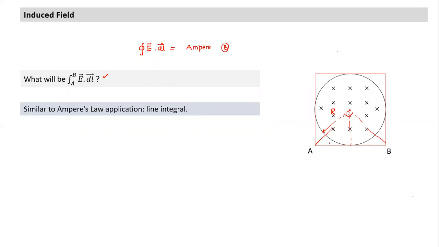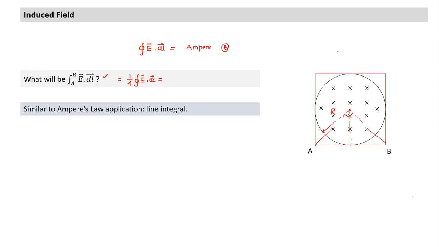If AB is one side of the square, E dot dl for AB will be equal to 1/4 of E dot dl for the entire loop. That's one way you can interpret this. So I can calculate E dot dl for the entire loop and divide it by 4 to get E dot dl from A to B.